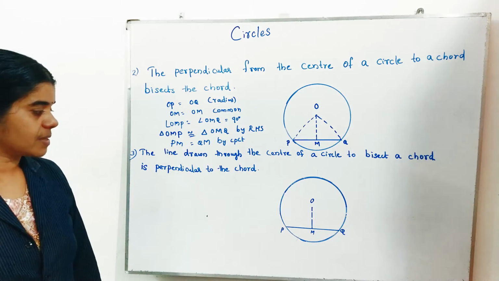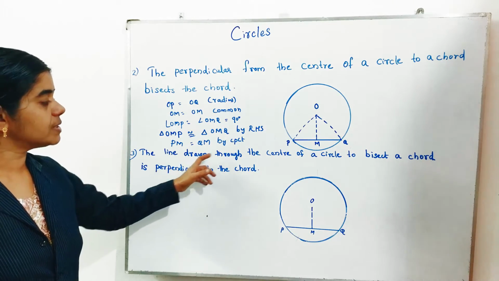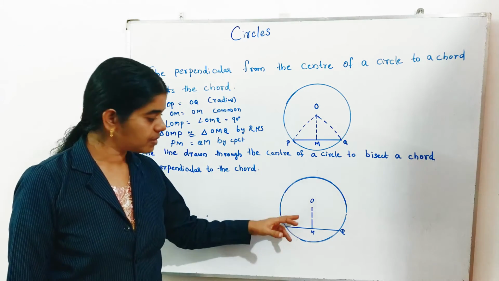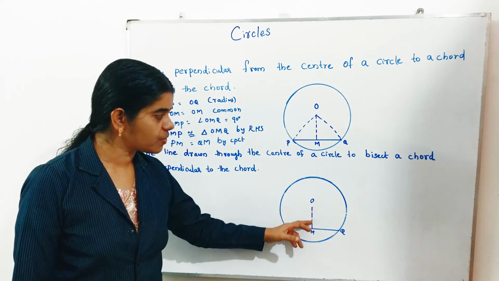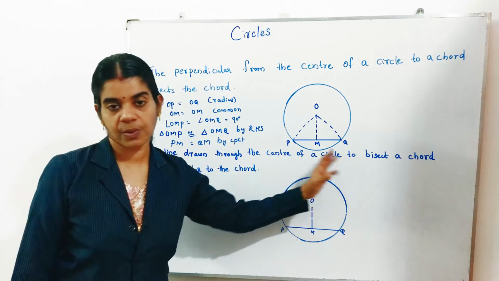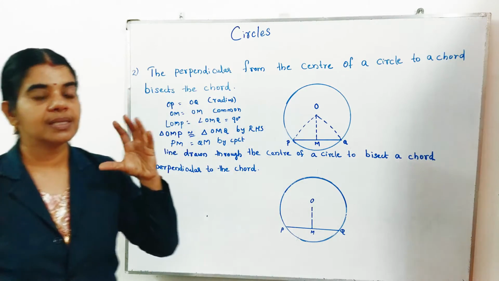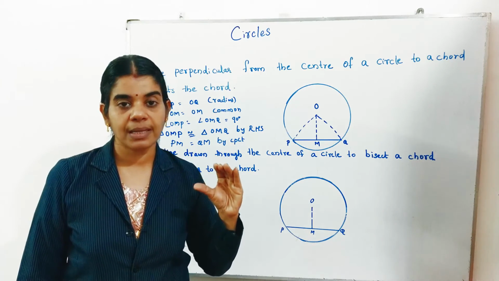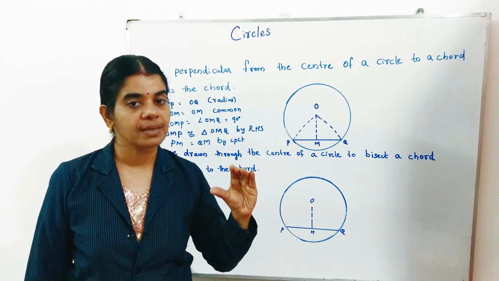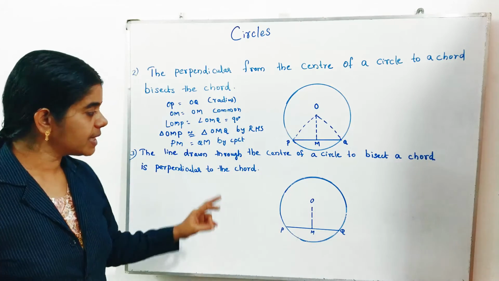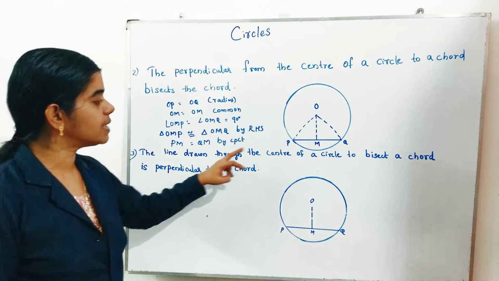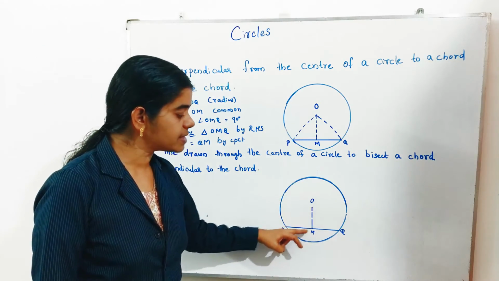Okay. Next theorem, the line drawn through the center of a circle to bisect a chord. In the previous question, they told that the perpendicular line drawn from the center of a circle bisects the chord. But here it is given that the line drawn through the center of a circle bisects the chord.